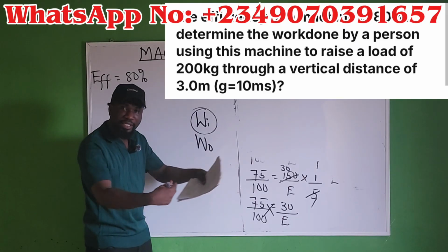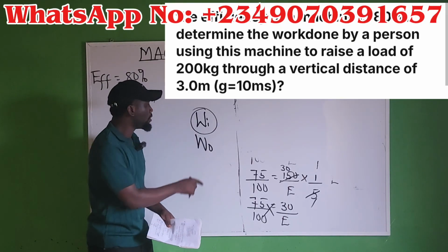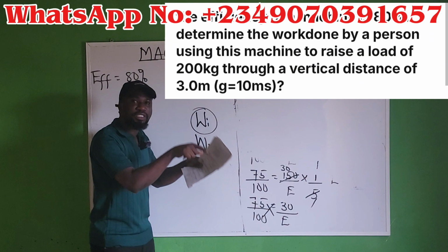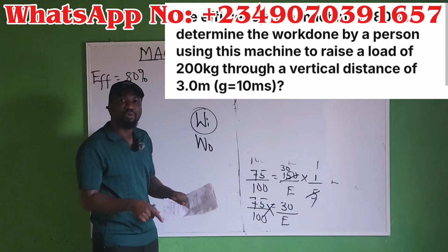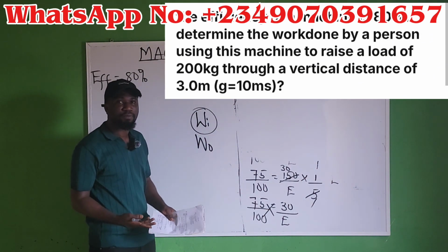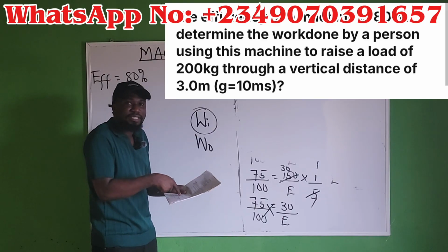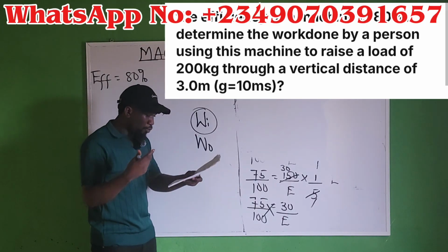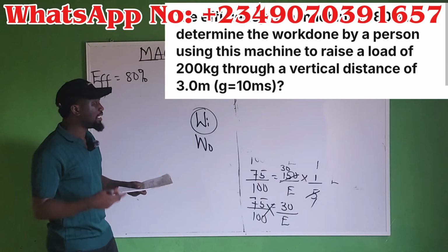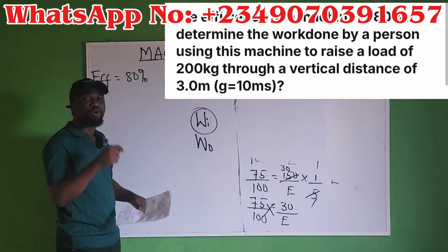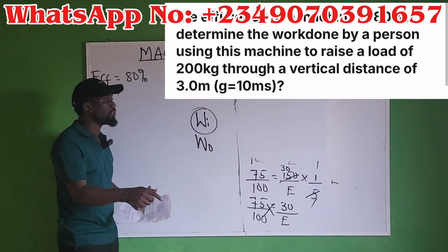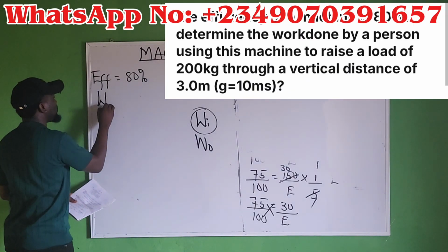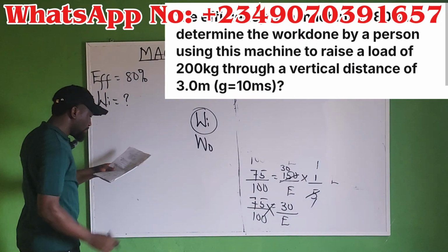The work done on the machine is linked to the effort. So the person now is applying effort. So work done by a person means work input, which is the work done on the machine. That's what we're looking out for.